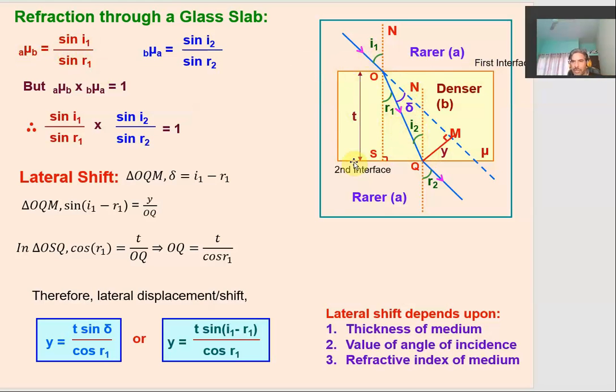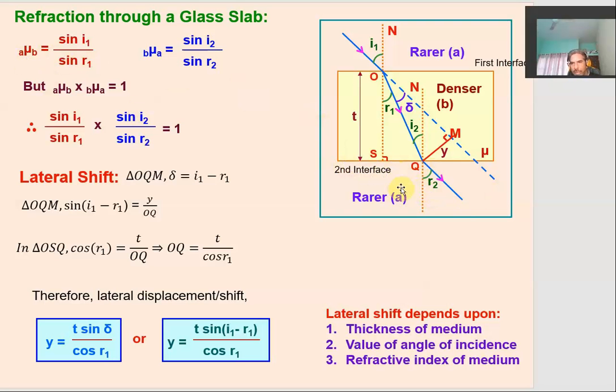And whenever refraction takes place at the second interface, now the angle of incidence is I2 and the angle of refraction is R2. So now B is this air medium, right? Every time B is the medium in which the light ray is entering, and A is the medium from which the light ray was coming during the refraction phenomena.